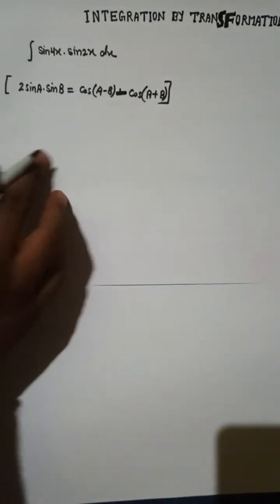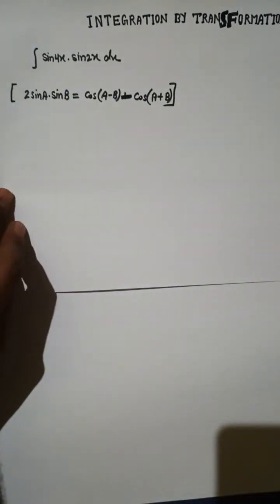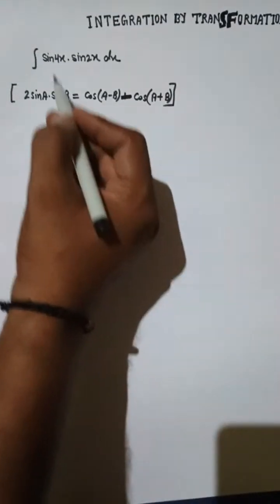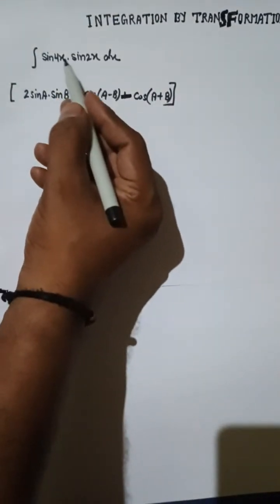With the help of this formula, I can solve the problem of this integration. So this concept is going to be used here, sine 4x into sine 2x.